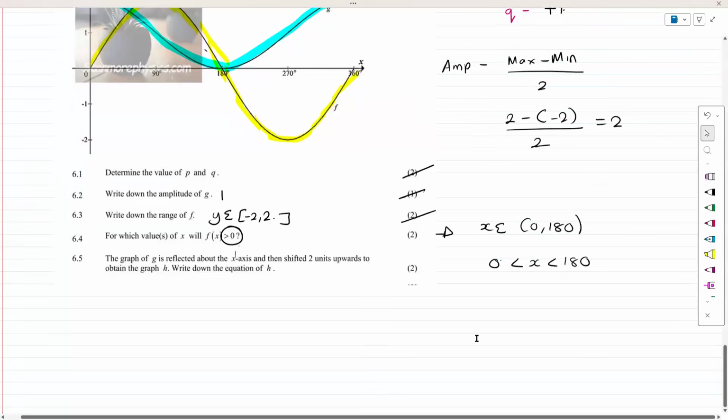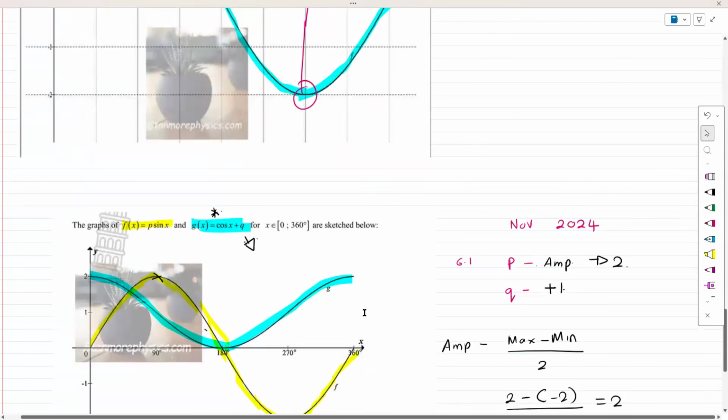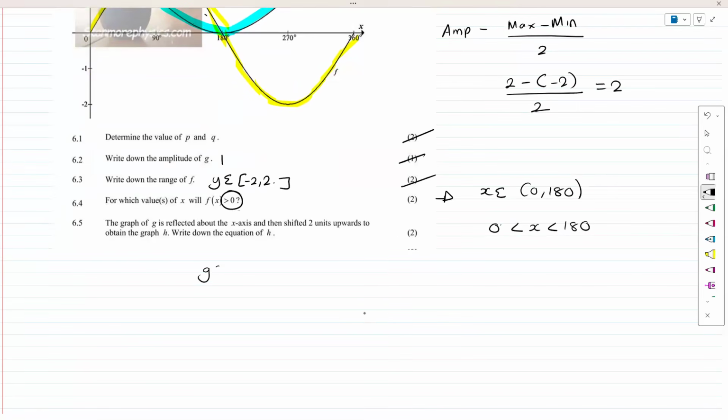Now, the last question, very simply, the g graph. What is the g graph? The g graph is equal to cos x plus 1. They said the graph is reflected about the x-axis. If it's reflected on the x-axis, the y value changes. So I know this is minus g of x equals cos x plus 1. And then shifted 2 units upwards. Okay, cool.